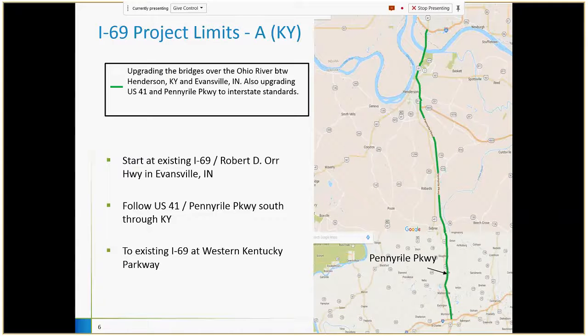I'll quickly go through each segment, but this next slide, slide 6, shows the I-69 project limits, and it connects the existing I-69 up in Evansville, Indiana, down to where I-69 meets with Western Kentucky Parkway.